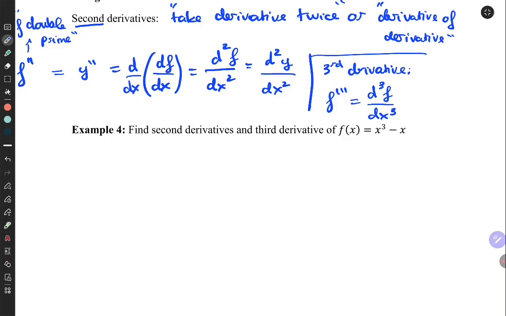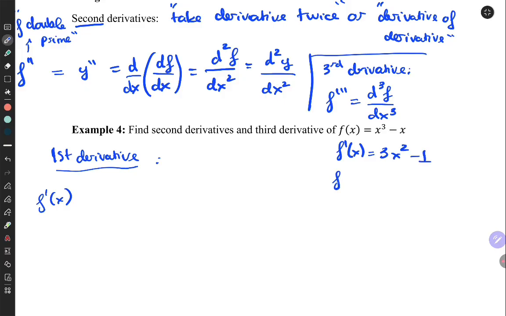You need to have the first derivative, aka f prime of x. Some of you are familiar with the derivative formula, and then somehow you write like this. And second derivative, you're going to have this. And the third derivative, you're going to have this. Each answer is correct.